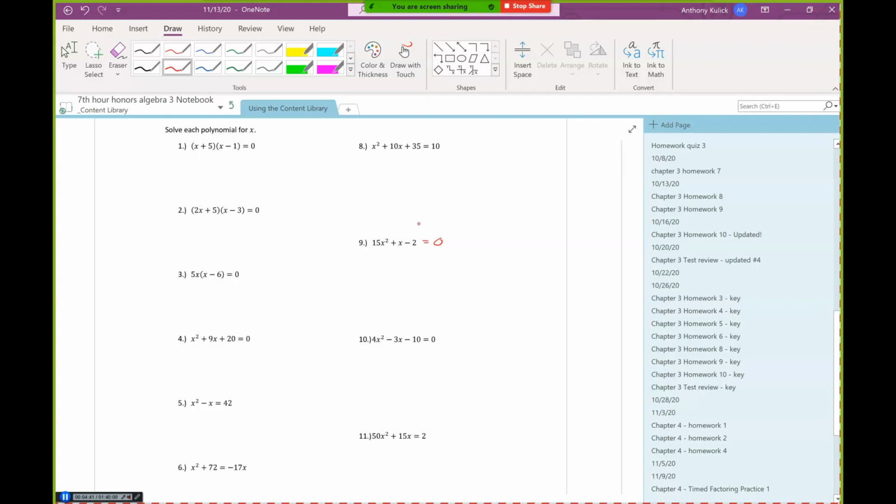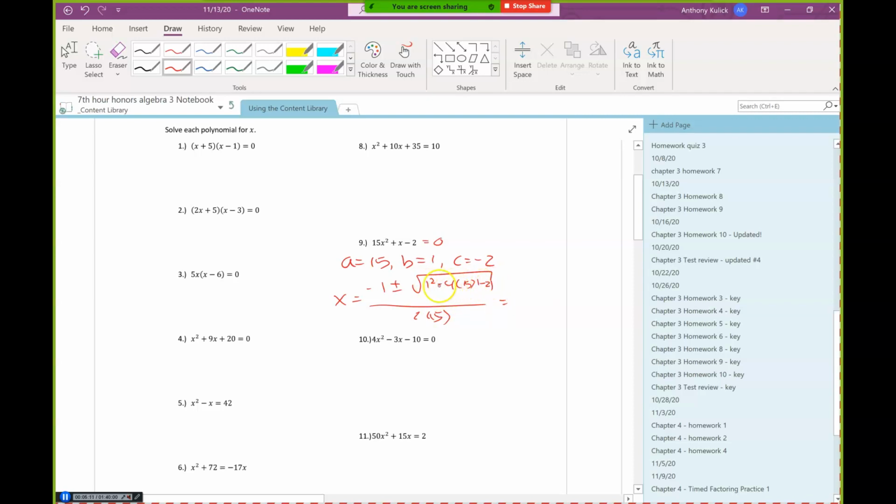Okay, so that's what I'll do then, so that it matches up with your work. Sound good? Okay. So my values for a is 15, b is 1, and c is negative 2. You good there? Okay. So x equals negative 1 plus or minus square root of 1 squared minus 4 times 15 times negative 2 all over 2 times 15.